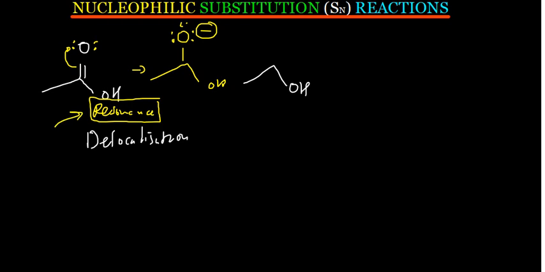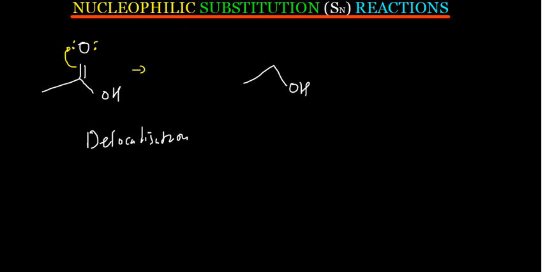So the charge is going to be stabilized because it is not only on one compound. Anything that stabilizes charge makes the acid much stronger. So this makes carboxylic acids much stronger than alcohols.